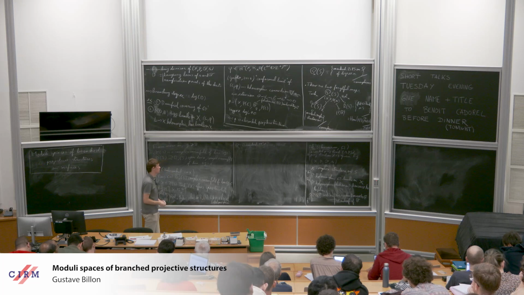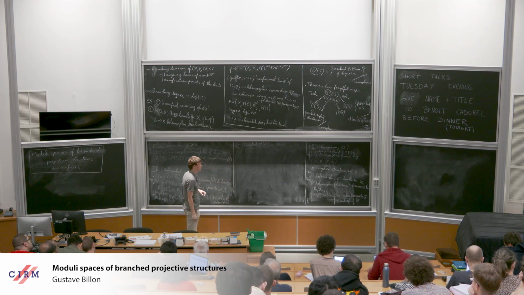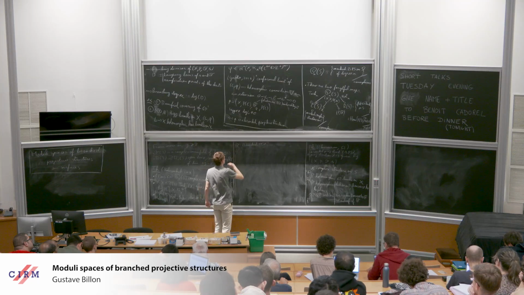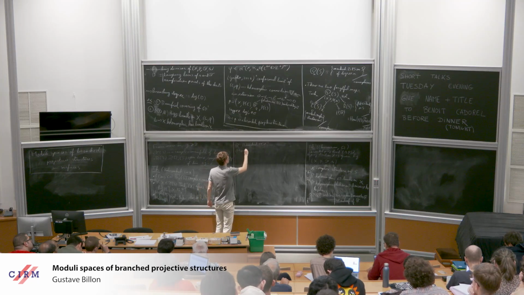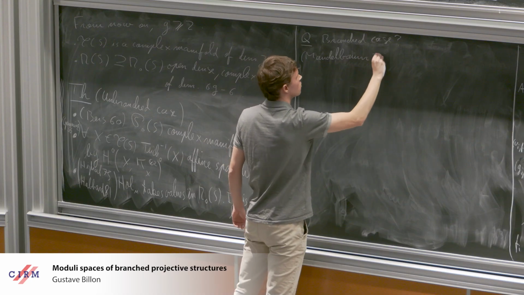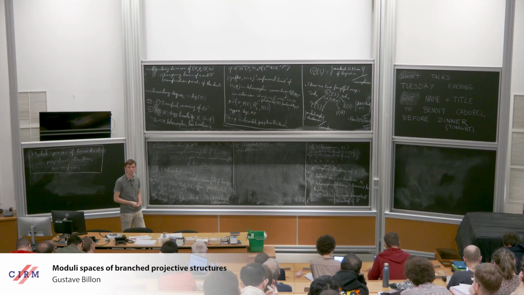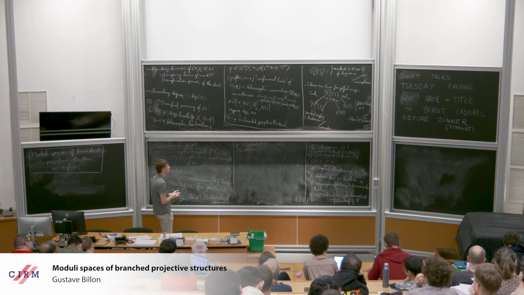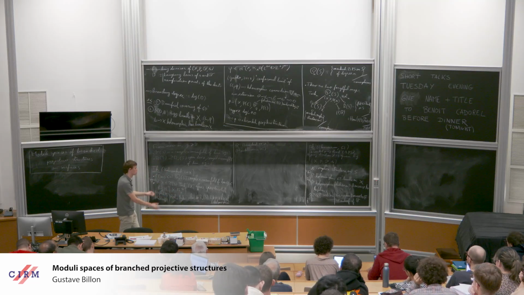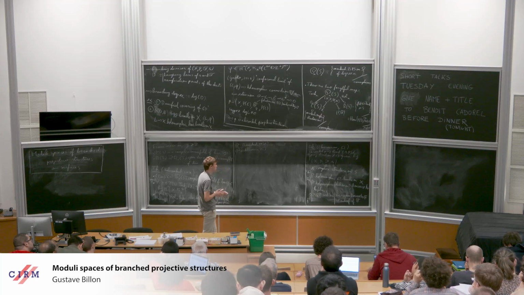So there were results in that sense, in particular Mandelbaum in 1972. Mandelbaum is the one who introduced the definition of a branched projective structure. So the first question he asks is, what about the moduli space?